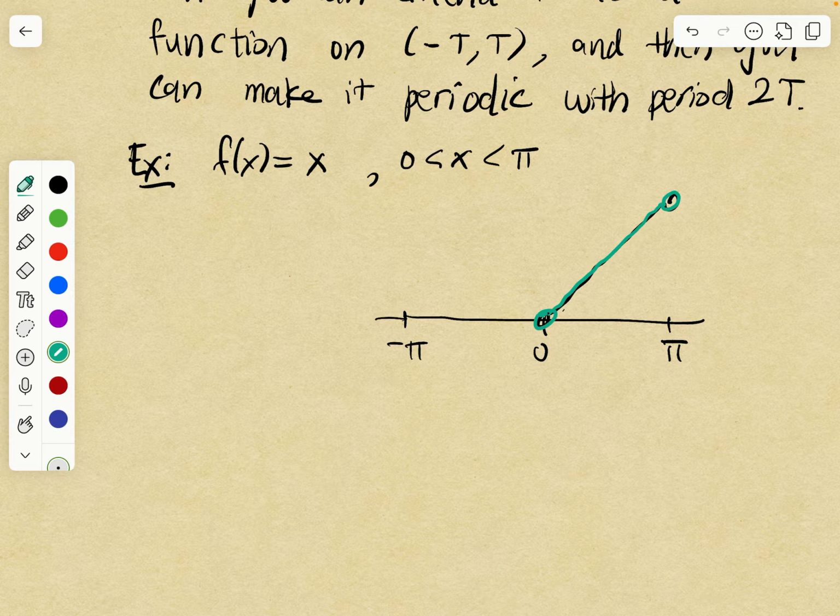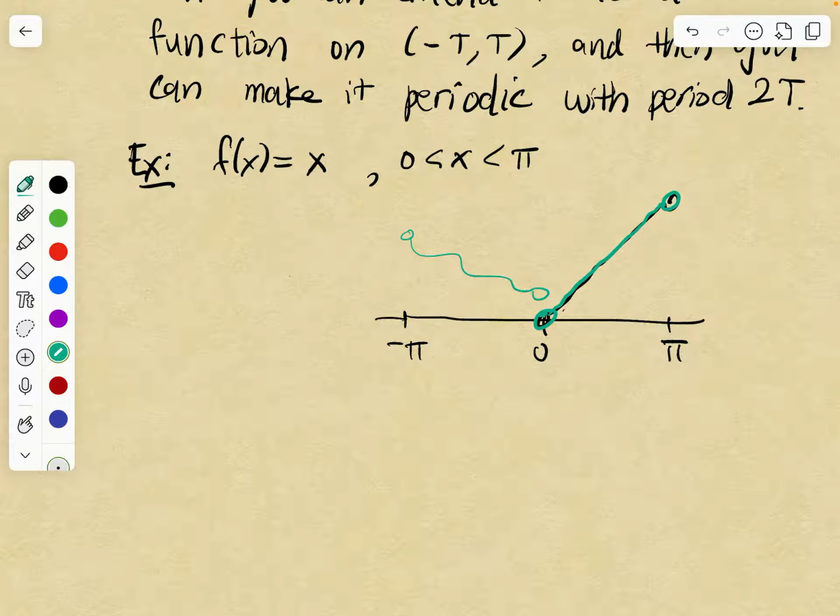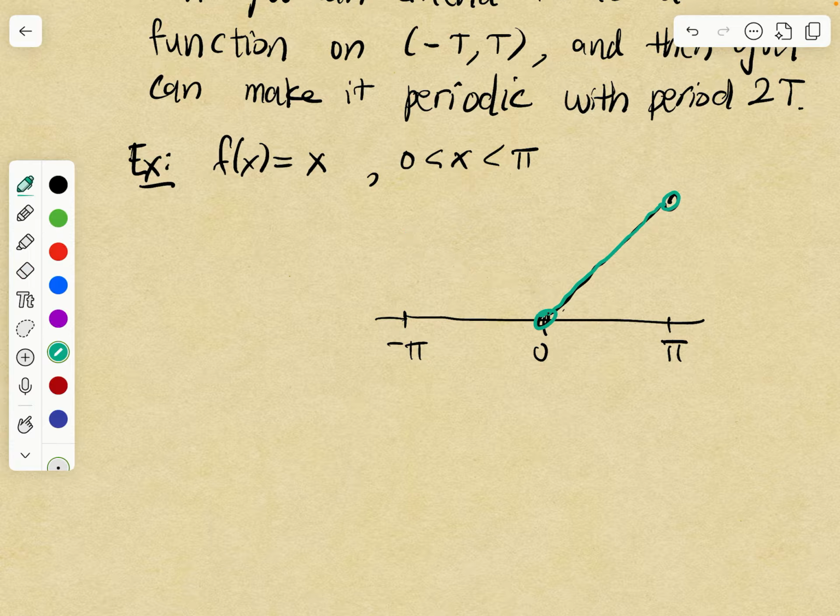I mean, you could do a straight line, you could do a squiggle, whatever, as long as it's a function, right? Not just a random graph, it needs to be a function. Then that would extend the function that's originally defined from 0 to pi and make the domain from negative pi to pi. And you just keep the function x from 0 to pi.